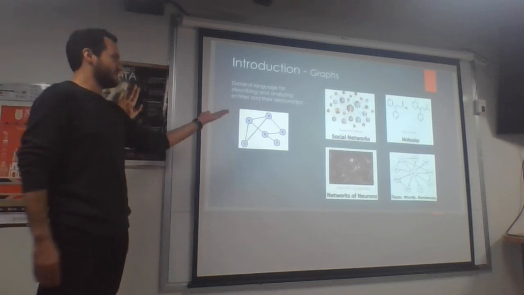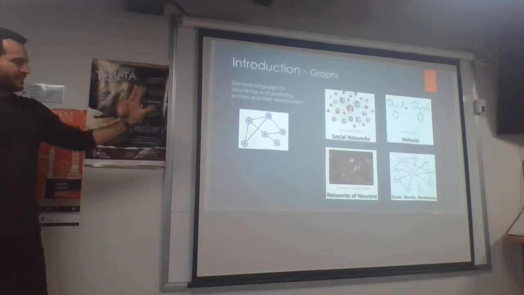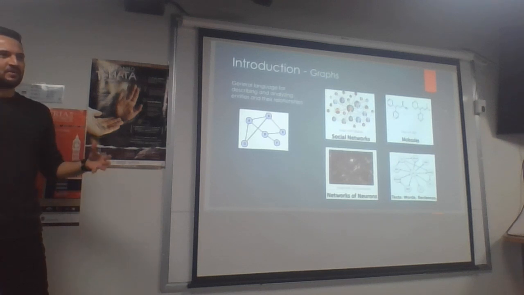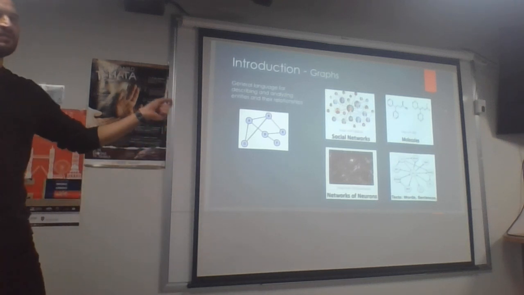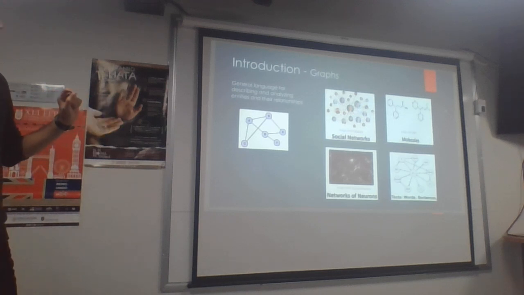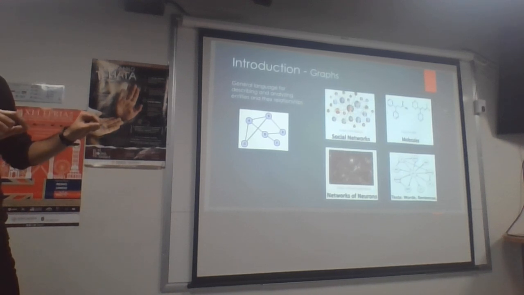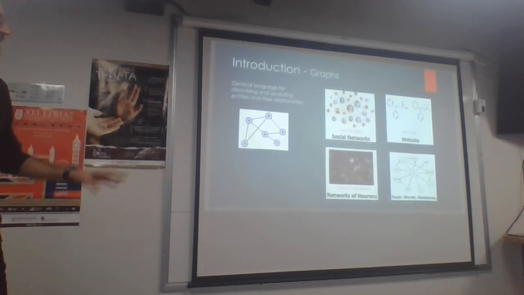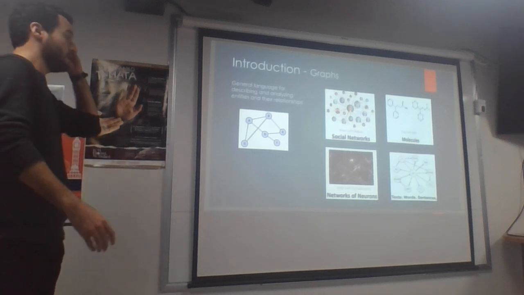A popular example is the social network. Here we can represent a person and an account, an Instagram account for example, as a node, and if you follow some person, we link that with an edge between the nodes. At the end, we have a graph that we can analyze further.